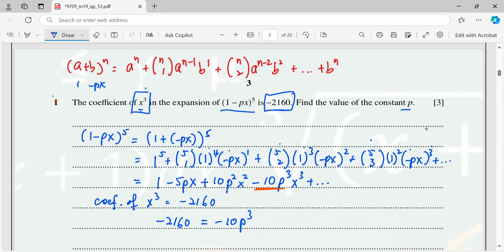The minus can be cancelled off, and the 10 can be cancelled off as well. Therefore, p cubed is 216, and hence p is going to be the cube root of 216, which is 6. Done for question number 1.